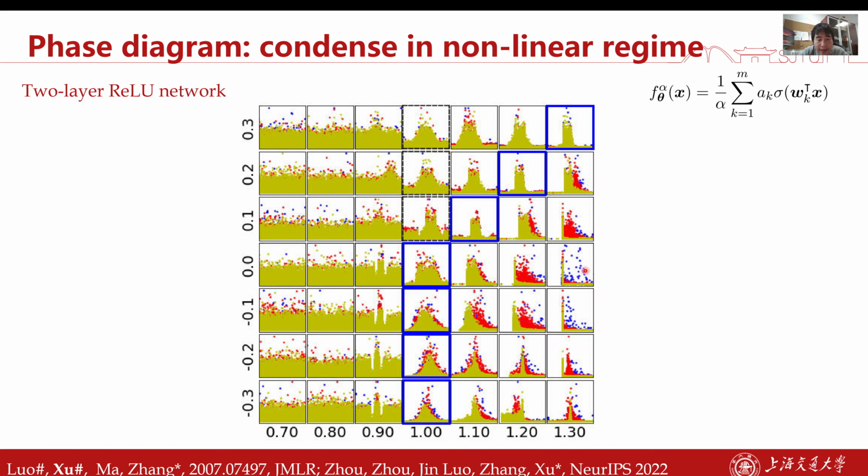So we can see that as the number of neurons increases, the condensation is more significant. The x-axis for this small picture is the orientation, the y-axis is the amplitude, and each point is one neuron. So we can see that in this condensation regime, condensation always happens during the training.